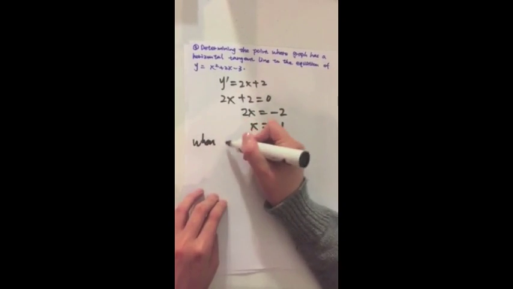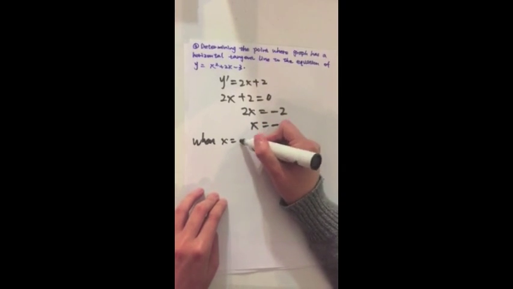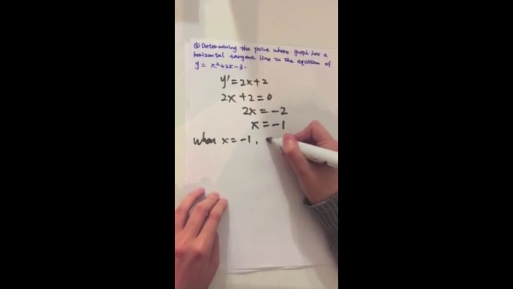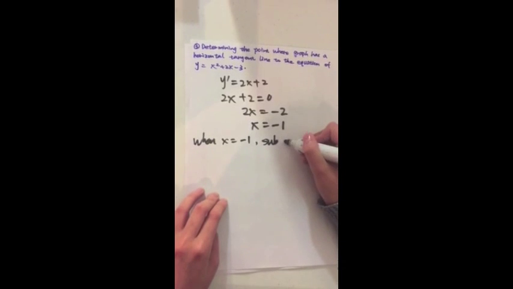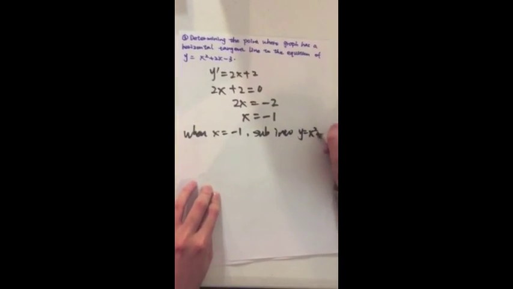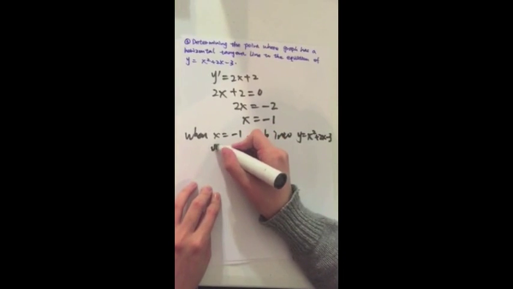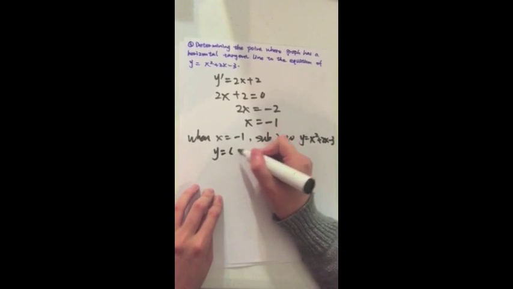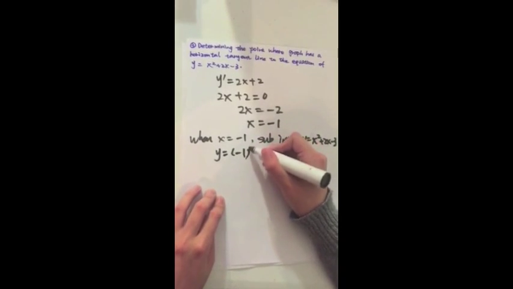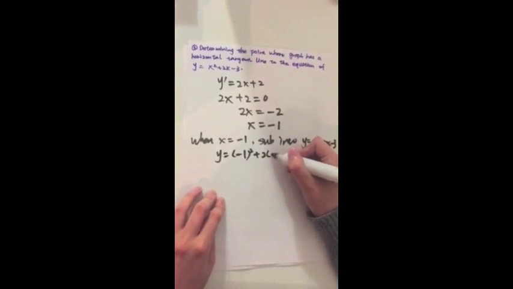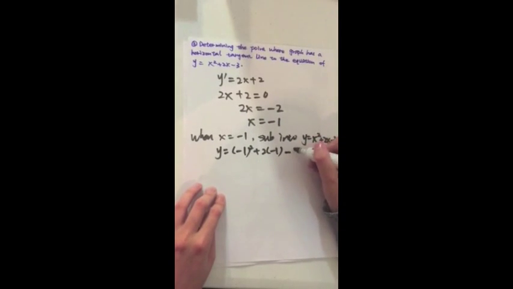When x equals minus 1, we substitute into the equation. So y equals minus 1 squared plus 2 times minus 1 minus 3.